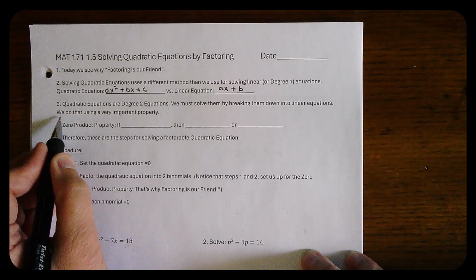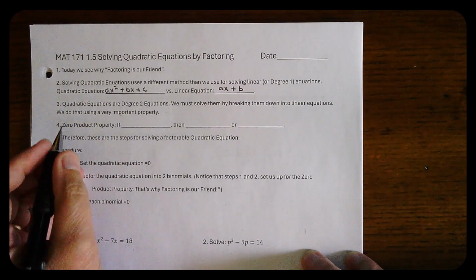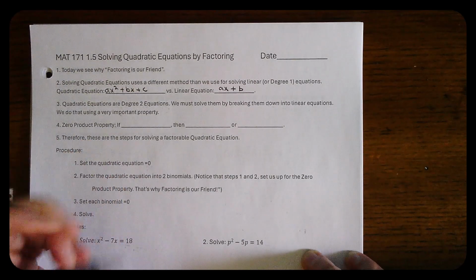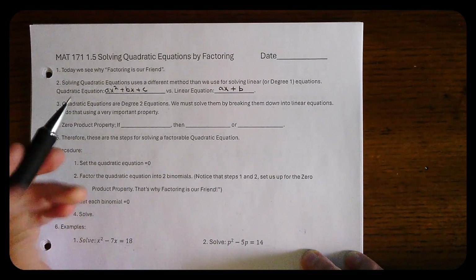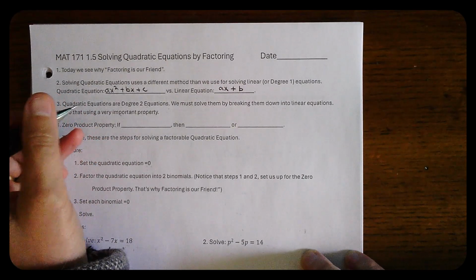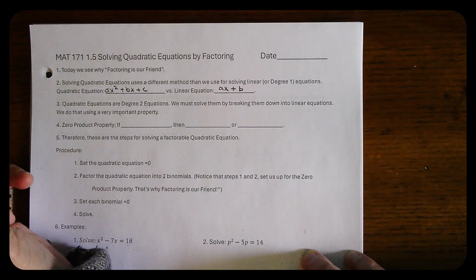We need a very important property. It's called the zero product property, and it's worth knowing the name of it and worth knowing it because it reminds us how we're going to solve a quadratic.